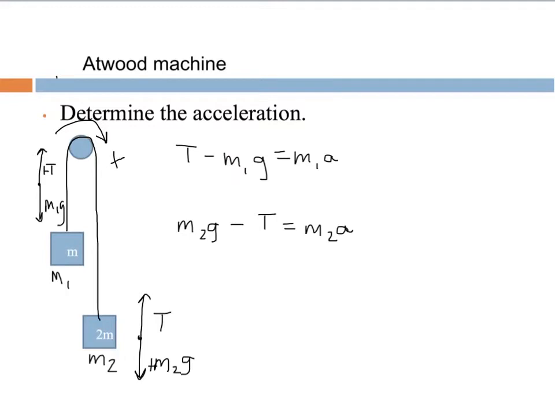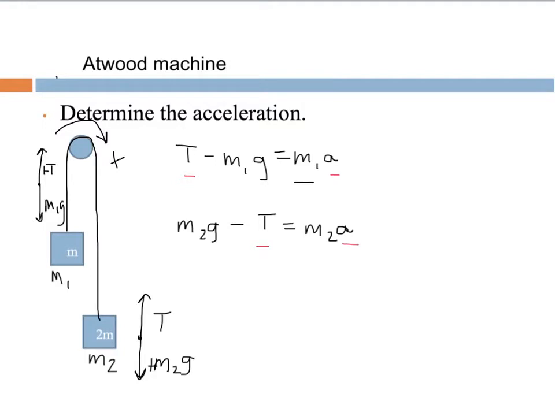So for the first object, I have tension minus m1g is equal to mass 1 times acceleration. Again, it's really important that I make sure that my mass 1 over here is what I'm talking about in my object. The second one's mass 2 times gravity minus tension is equal to mass 2 times acceleration. Again, I know that these accelerations will be the same and these tensions will be the same.